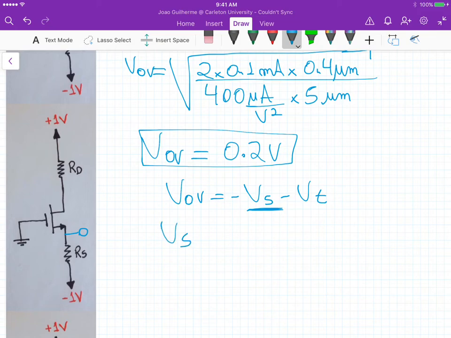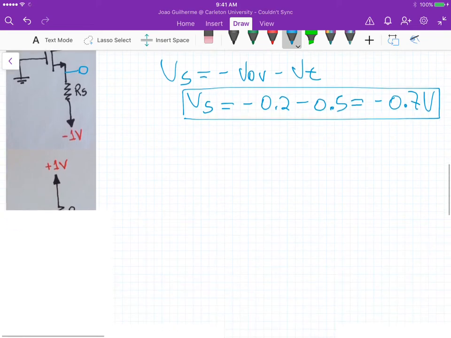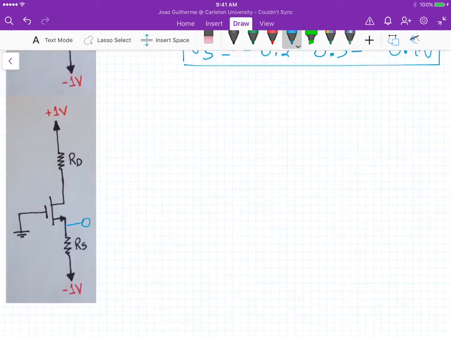So VS is equal to minus the overdrive voltage minus Vt, the threshold voltage. In this case, VS is equal to minus 0.2 minus 0.5, which is minus 0.7 volts.